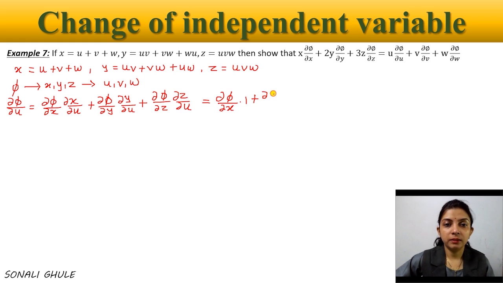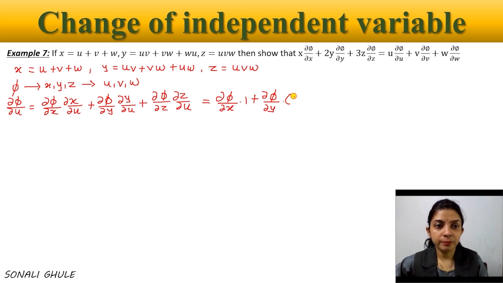Plus, then phi with respect to y and y with respect to u. Here it is your y. If I differentiate this with respect to u, what is the value? See, derivative of this uv, it is v, and derivative of this uw, it is w. So I can write here v plus w.